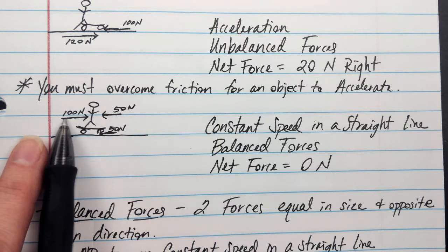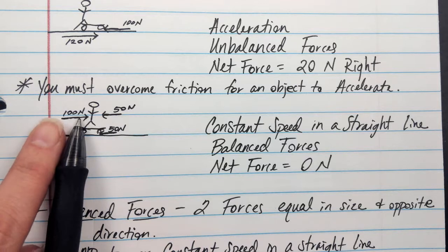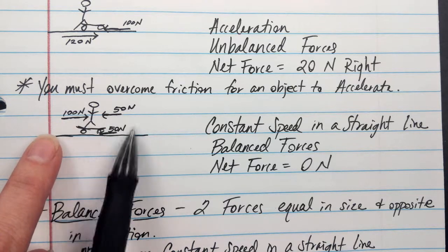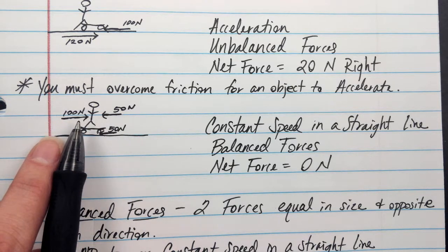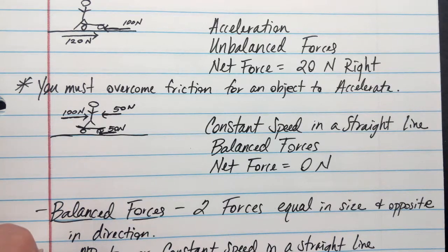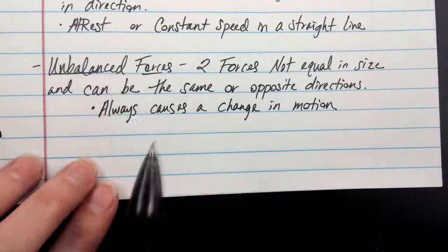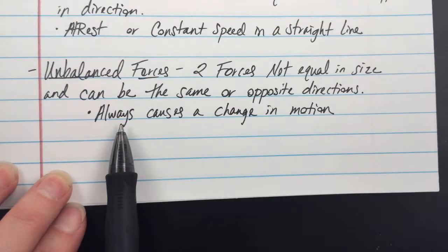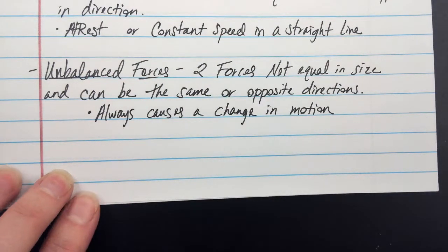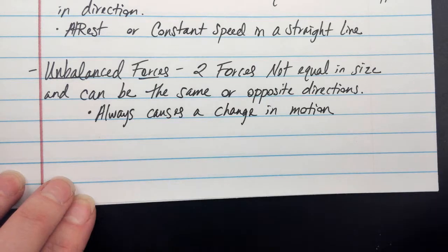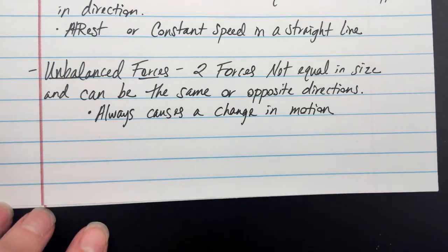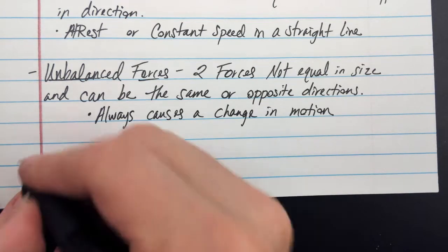But if this is going down, then they are winning and he is going to slow down. So that's why unbalanced causes your change in motion, and it can help me speed up or slow down.